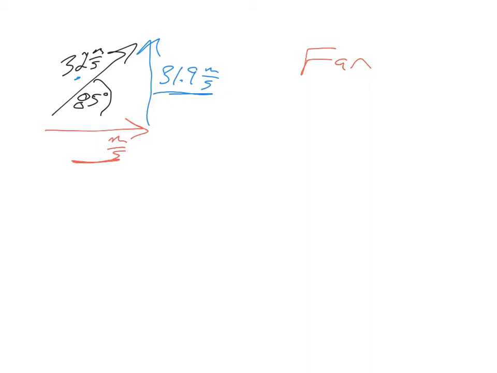So I can do 32 squared minus 31.9 squared, square root my answer, and I get a whopping 2.5 meters per second. D equals Vt because I'm in the horizontal world. 2.5 meters per second times time.